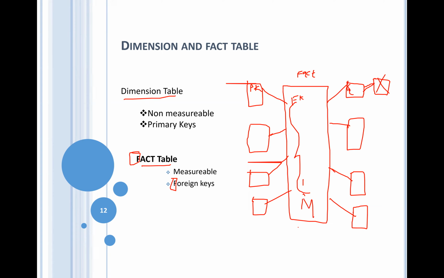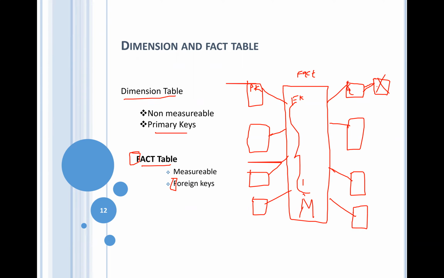All the keys from the dimension tables, and it will have the measures here. Okay, clear? So whichever table has a primary key, that table we will call a dimension table. It will have only attributes. It will not have any measures. If a dimension table has any foreign keys, that means it is in the snowflake schema.